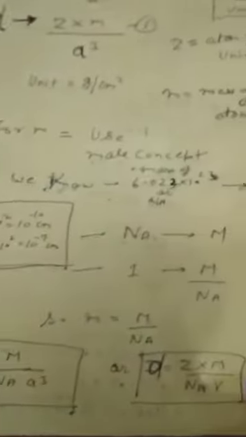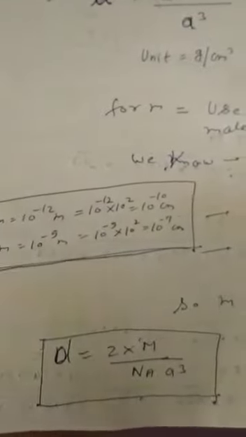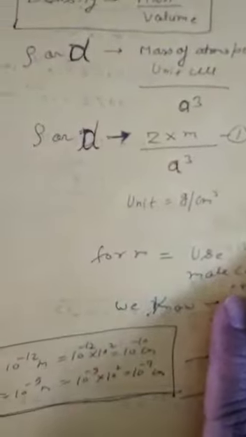I think you understood the formula and how we got the formula of the density of the crystal. Now we can solve some numericals based on this formula. So I have a numerical. Generally in numericals, the density of the crystal may be asked, or the number of particles per unit cell, or the type of unit cell may be asked.